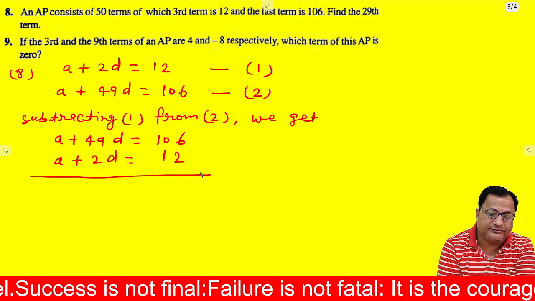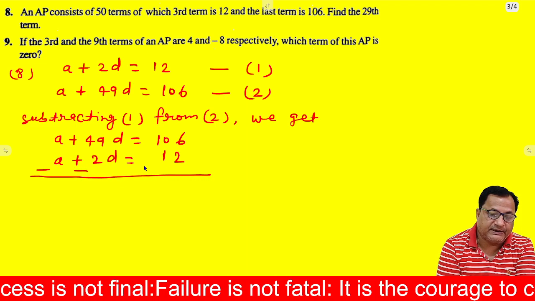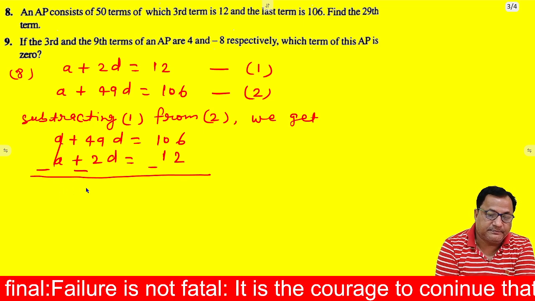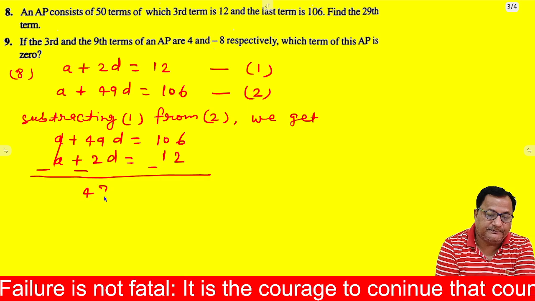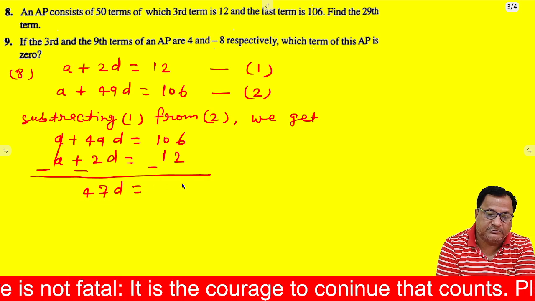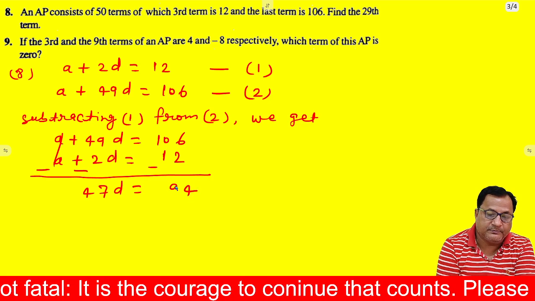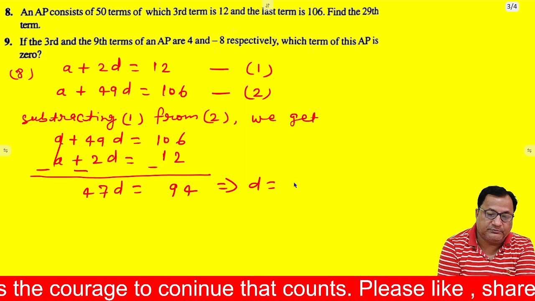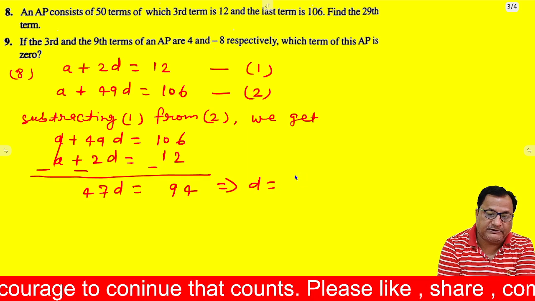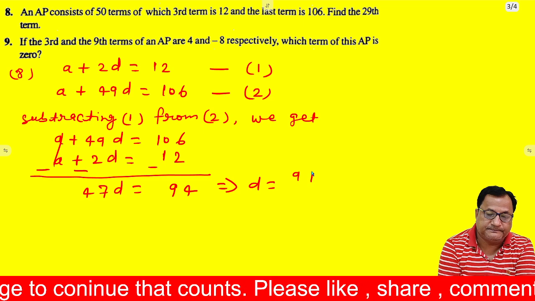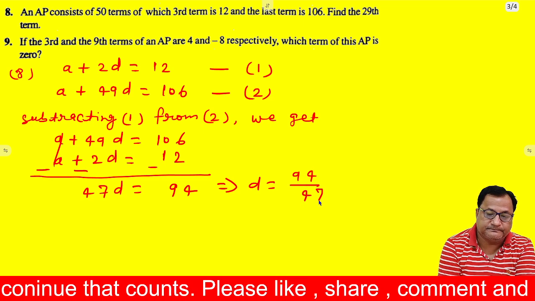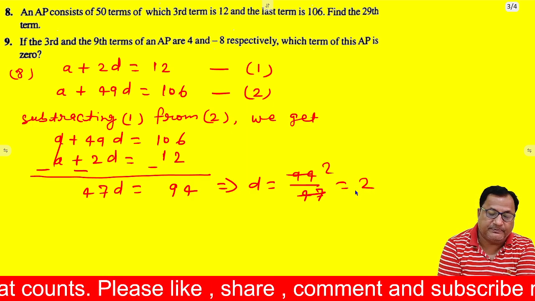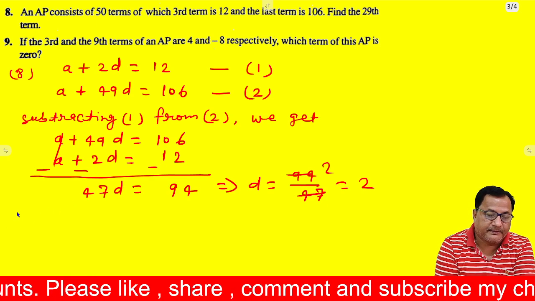If we subtract this, minus it, minus, this will be cut. 47d = 94. d = 94 by 47. d we have got 2.